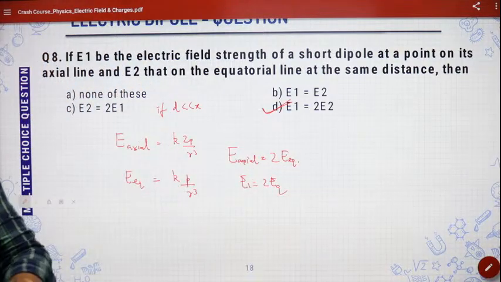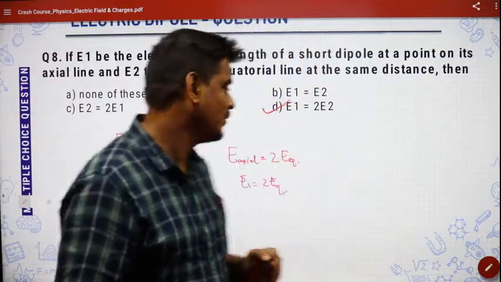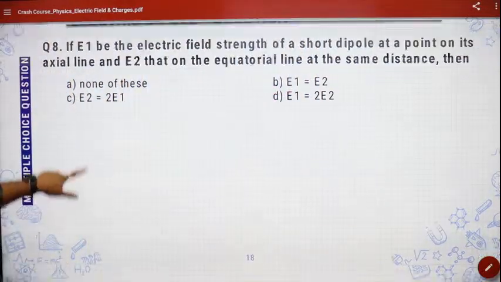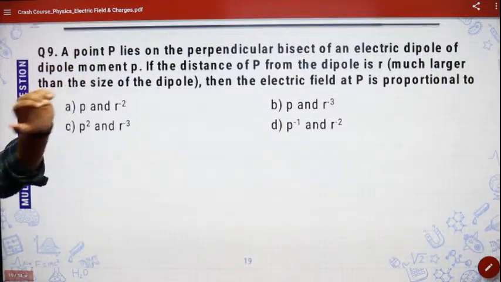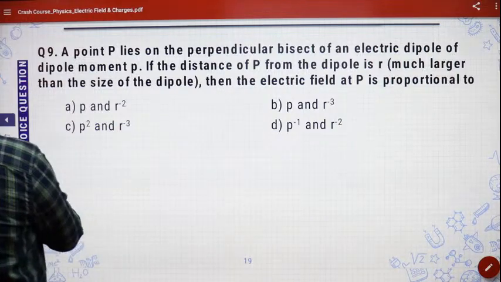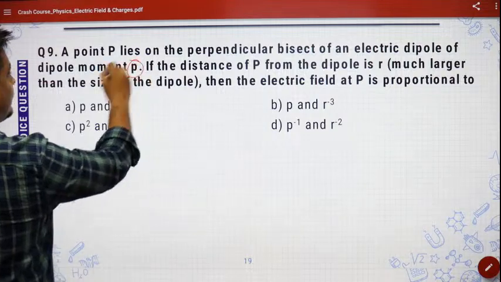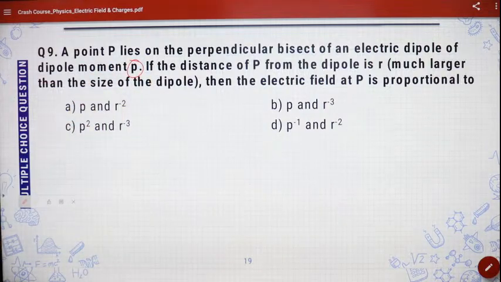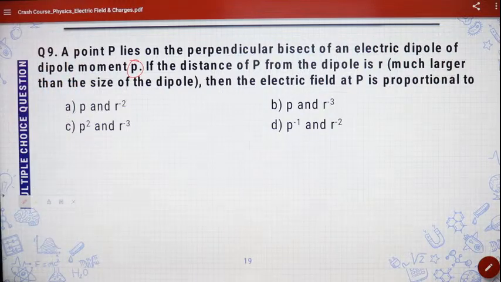Yes, this kind of question can be expected, so this is where you can score your marks. Never forget that. Coming to the next question: a point P lies on the perpendicular bisector of an electric dipole of dipole moment p. If the distance of P from the dipole is r, which is much larger than the size of the dipole, then the electric field at P is proportional to what?